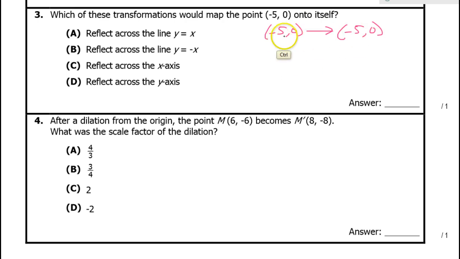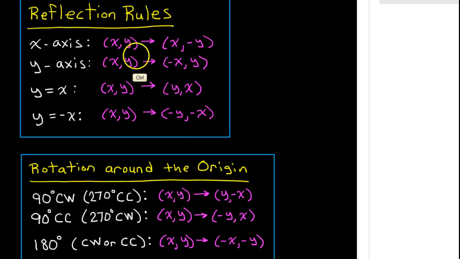So for starters, let's talk about x's and y's. If -5 is going to stay -5, that means x definitely has to stay x. Now there is no transformation where we can just say (x, y) stays (x, y). None of these transformations result in (x, y).